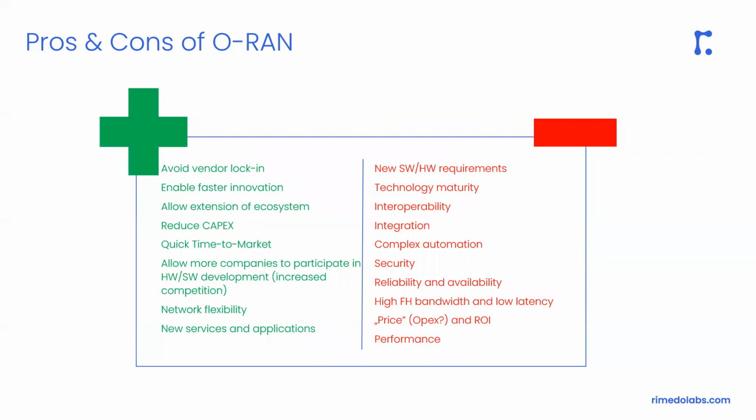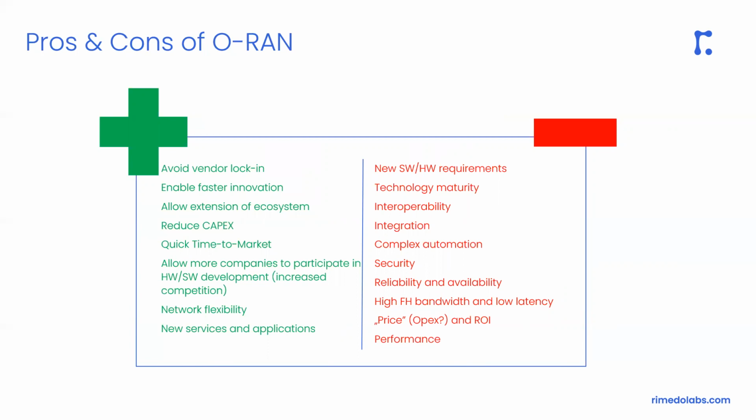So summarizing, let us have a look at the pros and cons of O-RAN. On the green side, which is the advantages, we are moving with O-RAN towards avoidance of vendor lock-in, where the aim is to have more companies participate in the hardware and software development, to increase competition, having multiple vendors providing those.